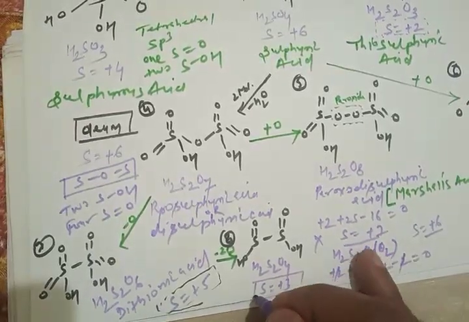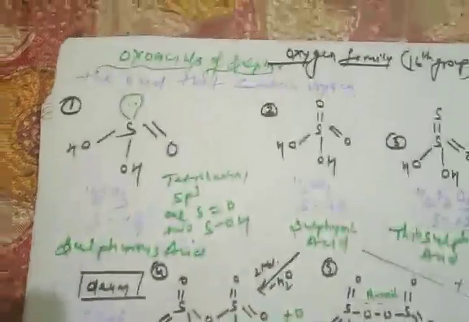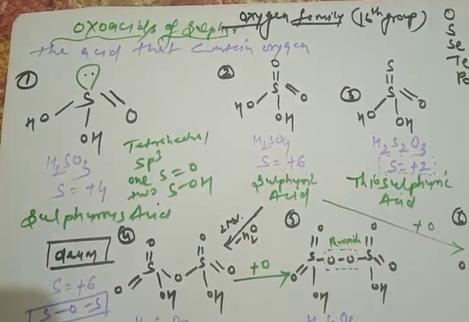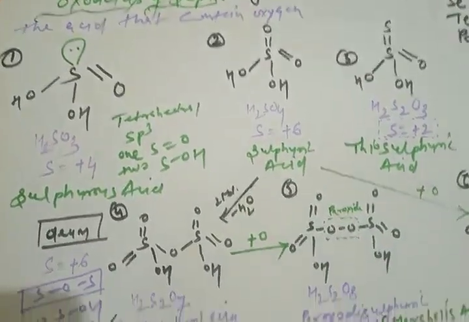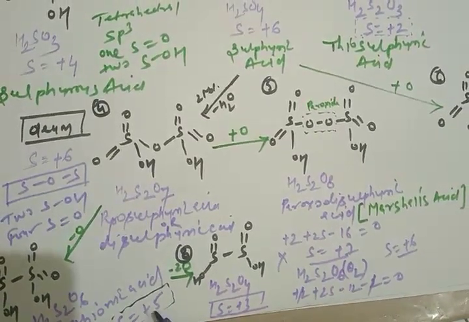So this is again a different oxidation state. You should remember that whenever we go for the thiosulfuric acid, like this is dithionic acid, S is plus 5.